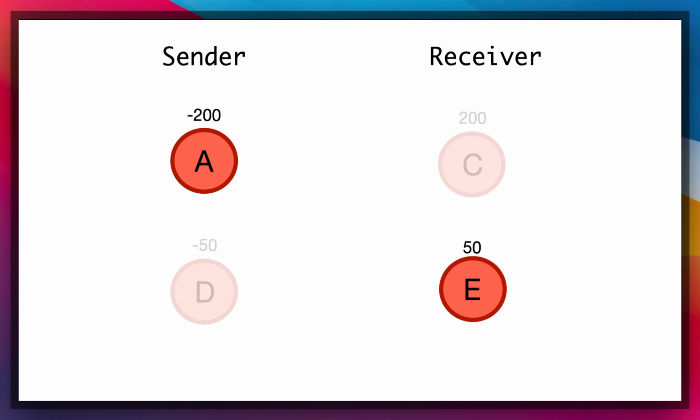And after that, the total number of transactions for sender D will also become 1. So total 3 transactions would be required. But if the sender A chooses option number 3, that is to send the money directly to user C, in that case, sender A can get rid of its debt in one transaction itself.